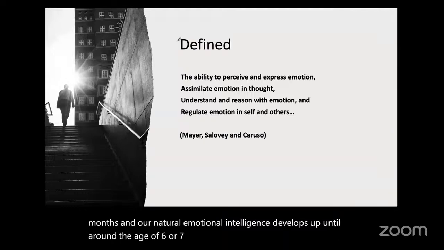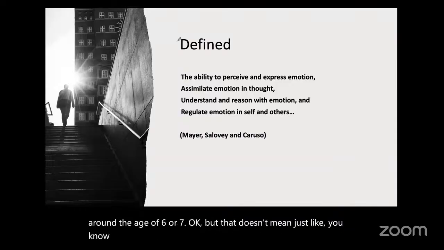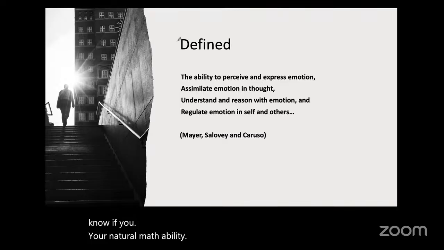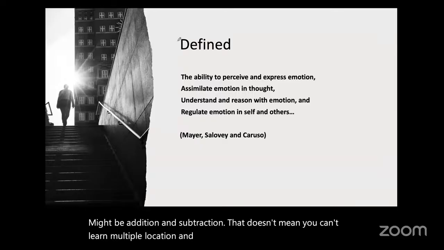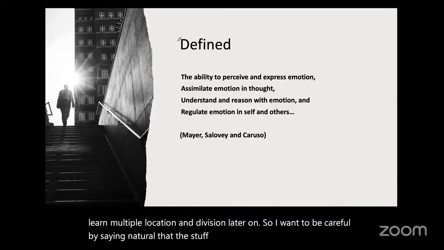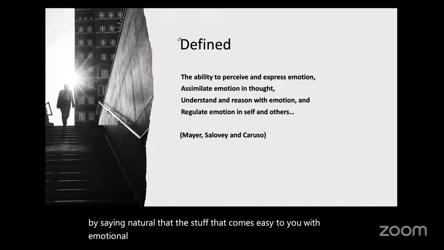But that doesn't mean, just like, if your natural math ability might be addition and subtraction, that doesn't mean you can't learn multiplication and division later on. So I want to be careful by saying natural, that the stuff that comes easy to you with emotional intelligence develops up until about the age of 6, but we can learn more after that.